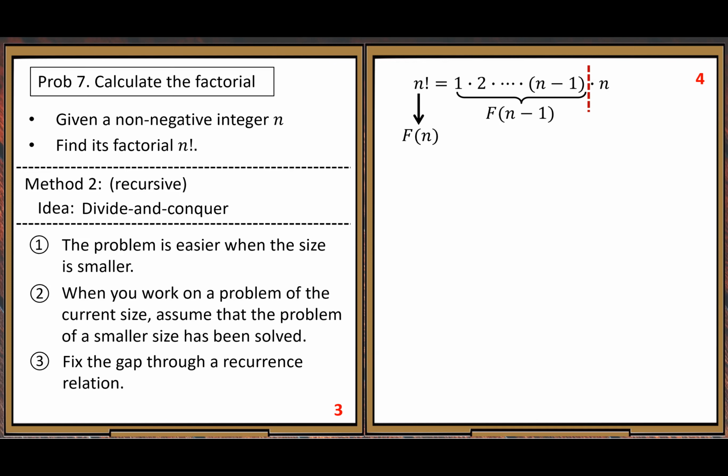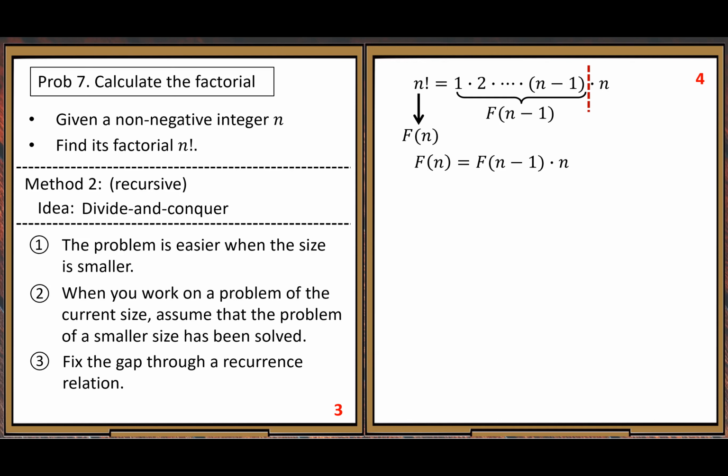After that, if it is known, you just do another multiplication to fix the gap. That's step number 3. The gap between f of n and f of n minus 1 is one multiplication of n and f of n minus 1. That's simple.